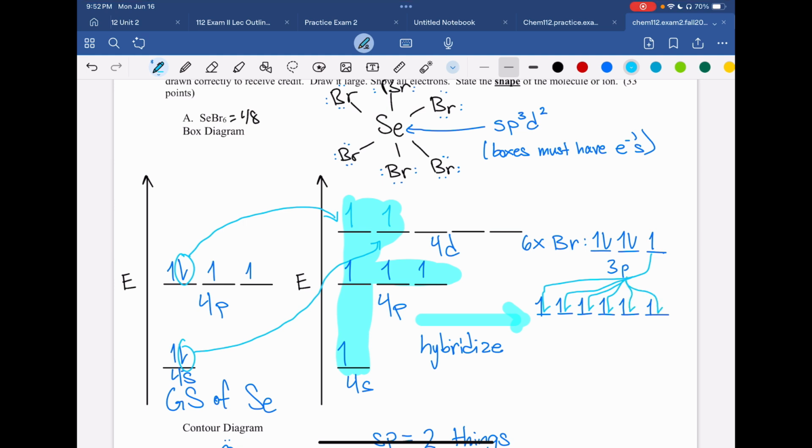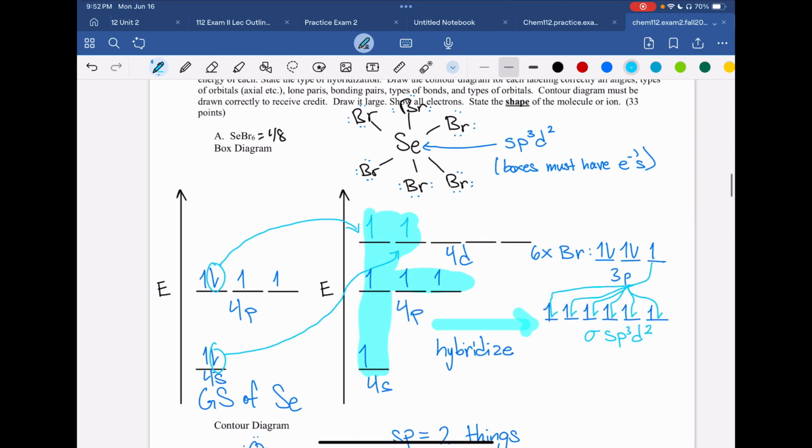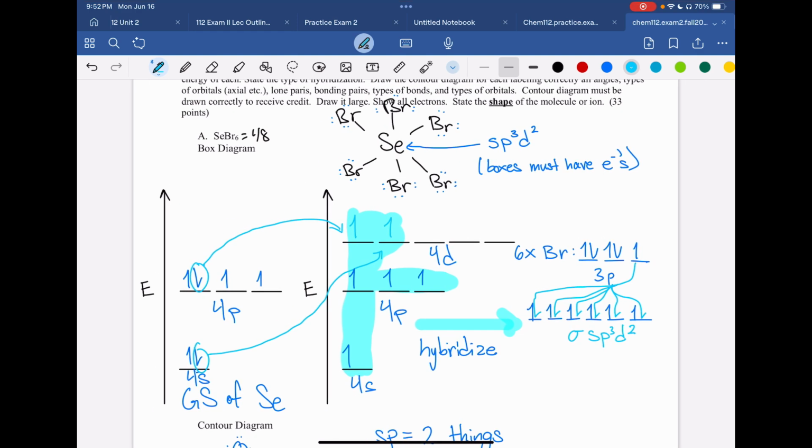And this forms your sigma sp3d2 bonds, okay? And that's pretty much it. That's all you have to label within the box diagram, okay?